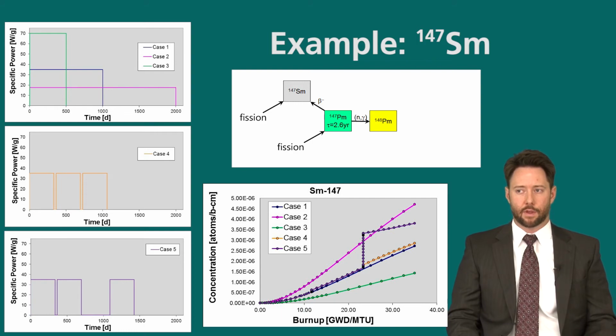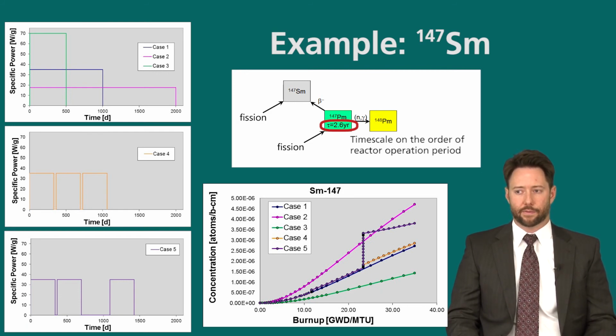The next thing that makes a difference here is that the half-life of promethium-147 is on the order of the cycle times or the shutdown time. So the half-life is about 2.6 years, and the cycle time is on the order of 300 days, about a year.